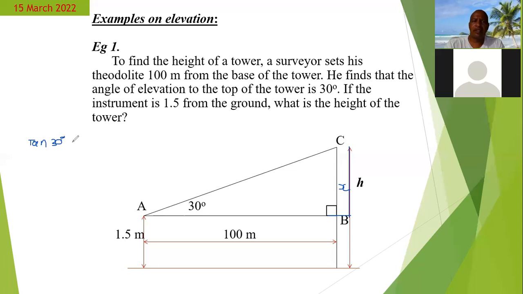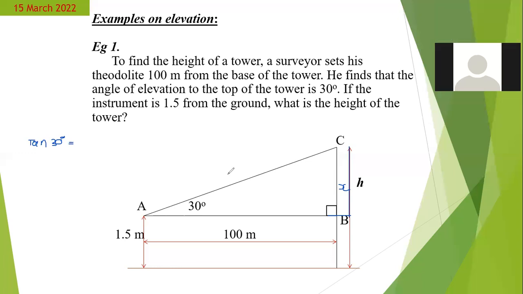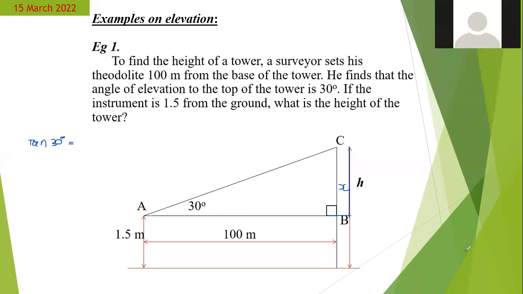Tan of 30 degrees equals, continue, Mr. Lamar. Mr. Lamar, are you there? Yes, sir, I was on mute. Okay, BC over AB.